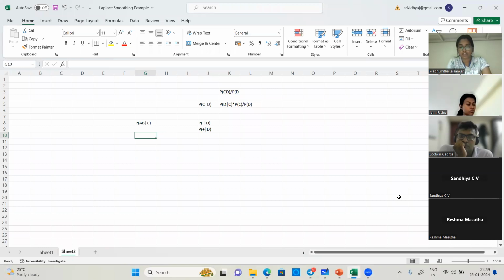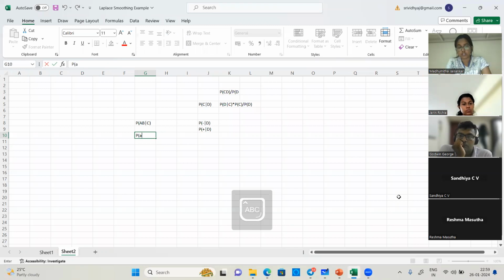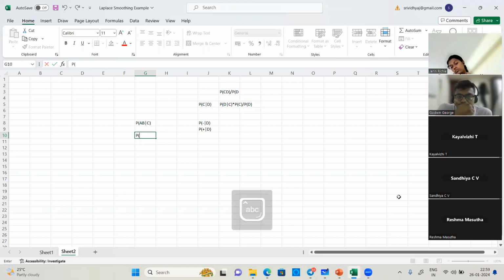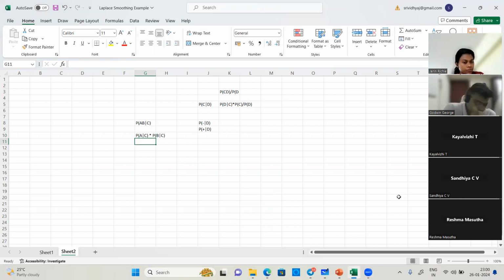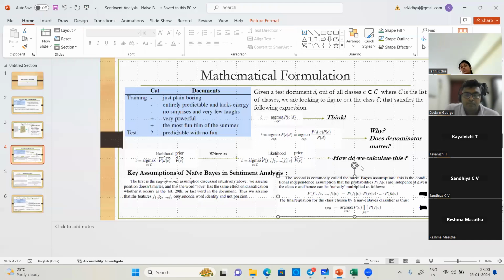P of A given C into P of B given C. That's right. Correct. P of A given C multiplied by P of B given C. Exactly. This is what we learned in the previous session. And this is called conditional independence, right? So conditional on C, we're saying A and B are independent. That's precisely what we are doing here.